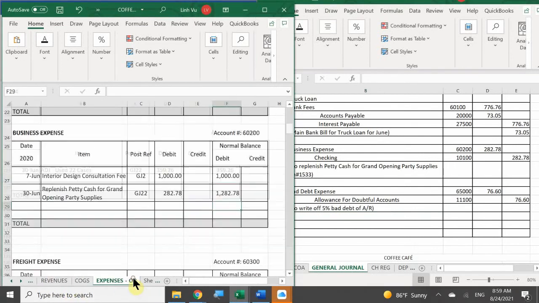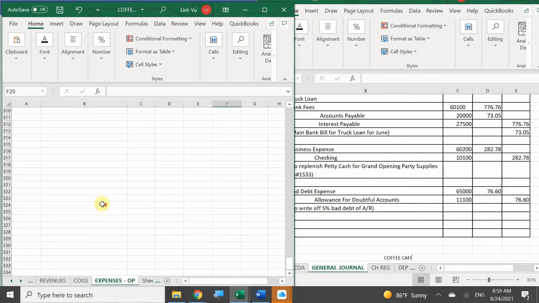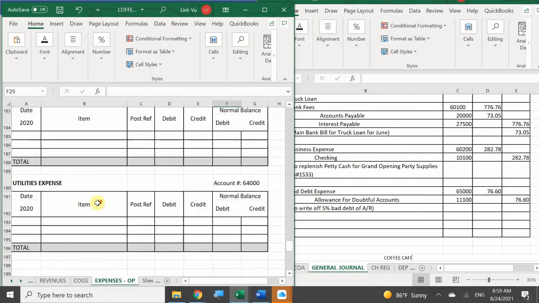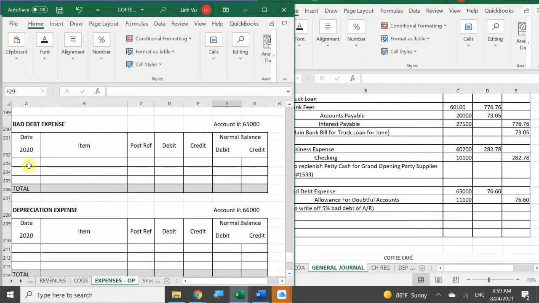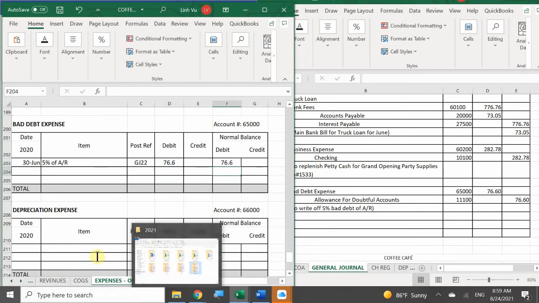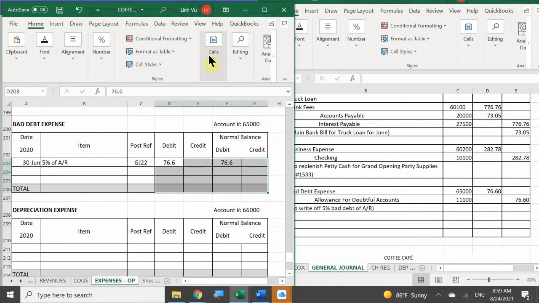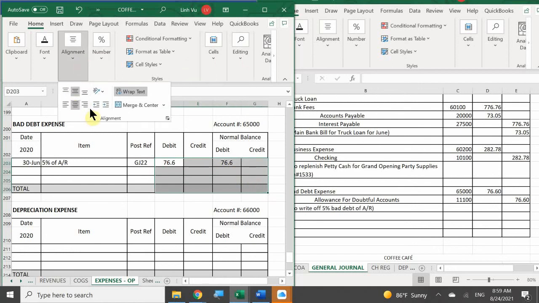Bad debt expense is an operating expense. For 76.60. Okay. For 76.60. Okay.